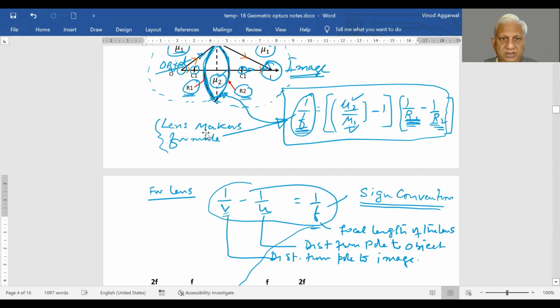So this formula is extensively used by people who manufacture lenses. So it's called the lens maker's formula.